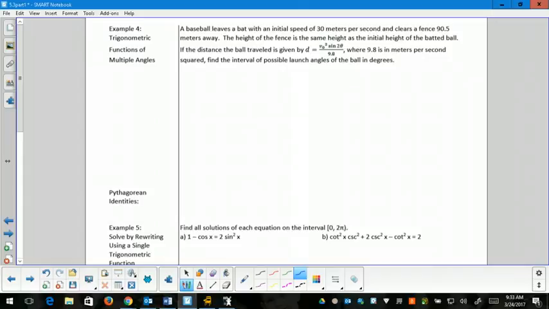So we're finding the angle. We're going to use a lot of the techniques we did yesterday, because it's in terms of sine. It's only in terms of one trig function. But I have to plug in the distance first, d, and also the initial velocity. The distance, 90.5 meters away, is our d.